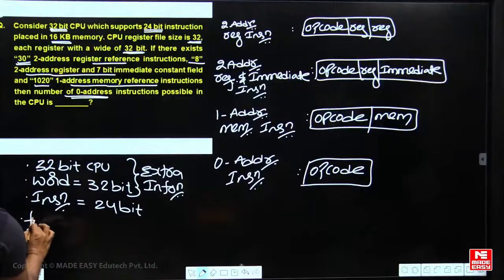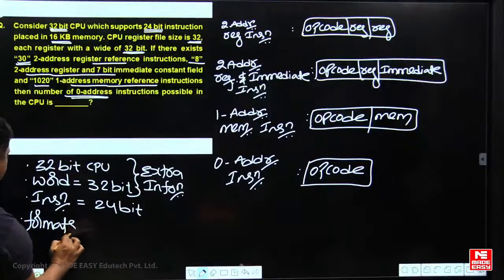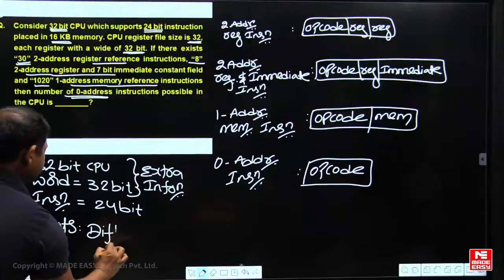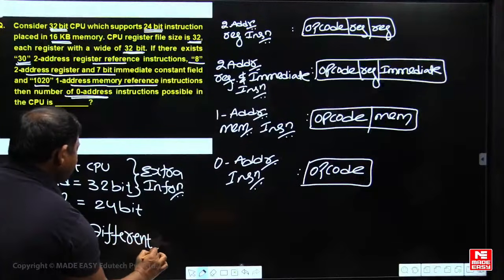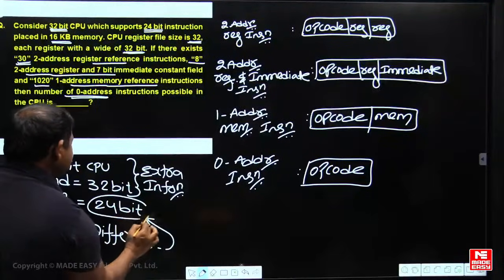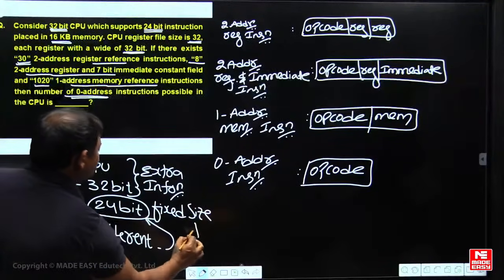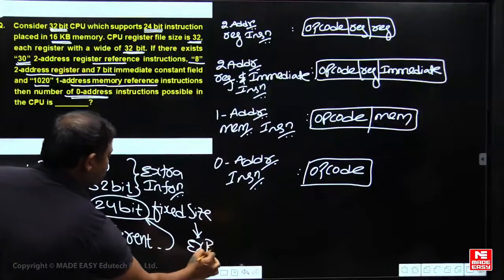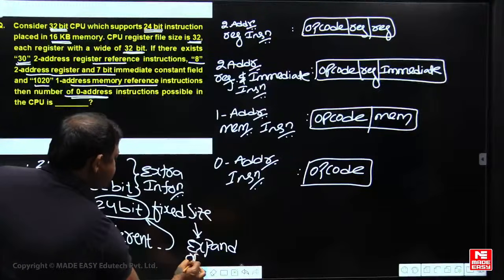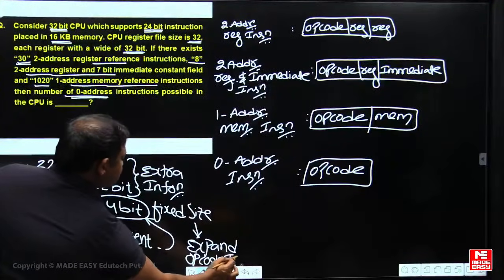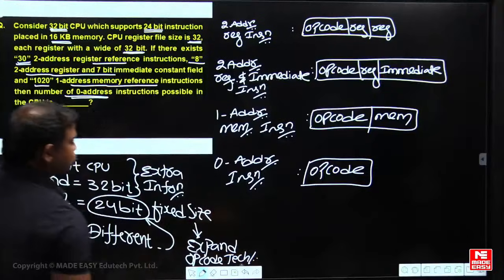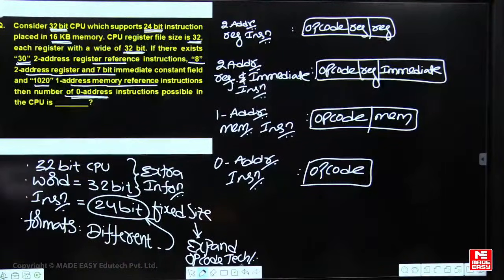Different 24-bit formats are given, and all the different formats have the same fixed length. Therefore, use the expanding opcode technique.